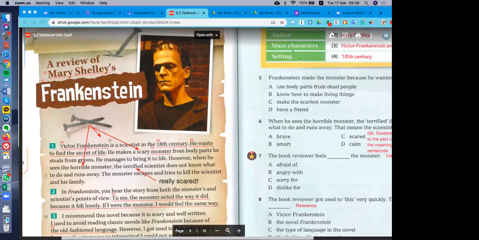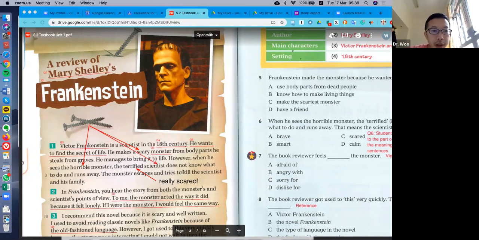So we see the monster is scary, horrible, tries to kill the scientist, Frankenstein. What does Frankenstein do? Oh yes, Frankenstein runs away. Frankenstein runs. Okay, so the monster kills, Frankenstein, the scientist, runs. The monster is horrible and scary.